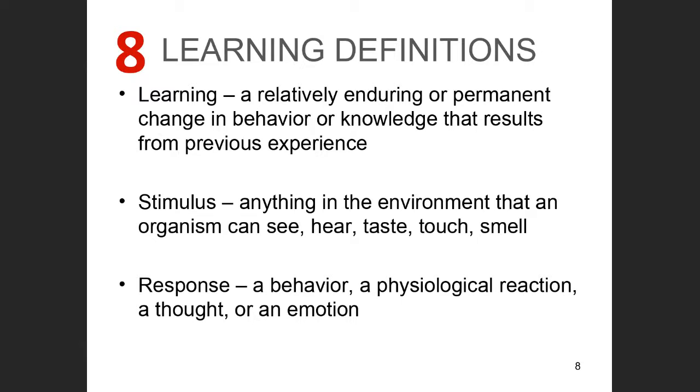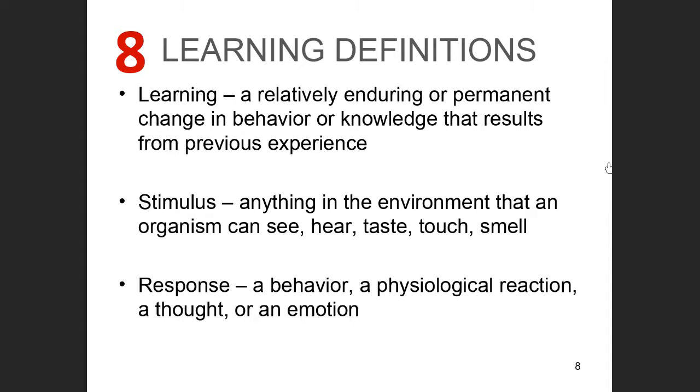Okay, so a stimulus is anything that you can see, hear, taste, touch, or smell in the environment, and a response is a behavior, a physiological reaction, a thought, or an emotion. So we're going to go through classical conditioning, operant conditioning, and also observational learning, which is the last type that's listed on your study guide.